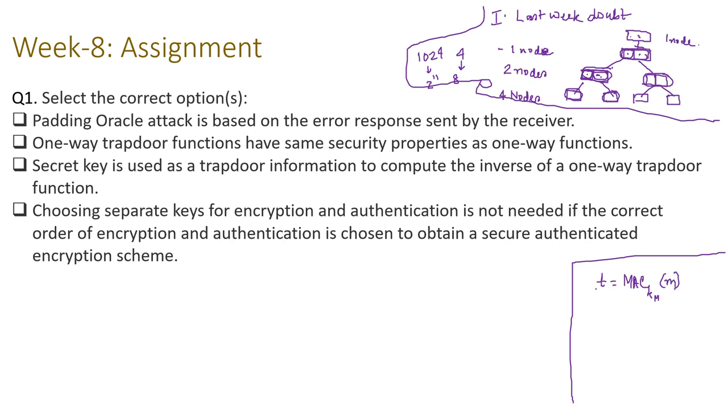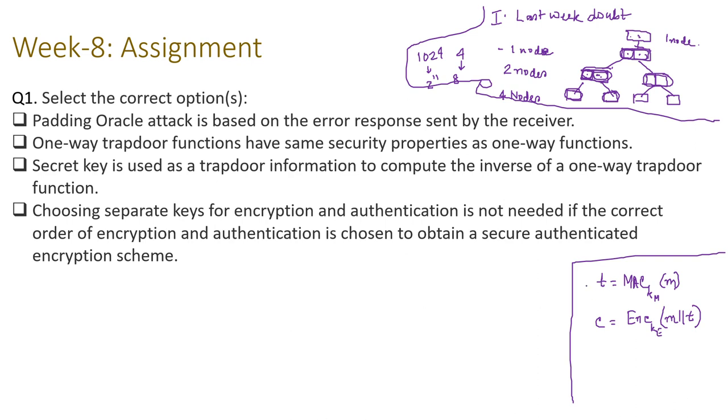For message M, we first compute the tag, and then we apply the encryption algorithm with respect to the encryption key upon the concatenation of both message and tag values, and this gives the final ciphertext. This is how the encryption is done in the MAC then encrypt approach, or authenticate then encrypt, I should say, right?